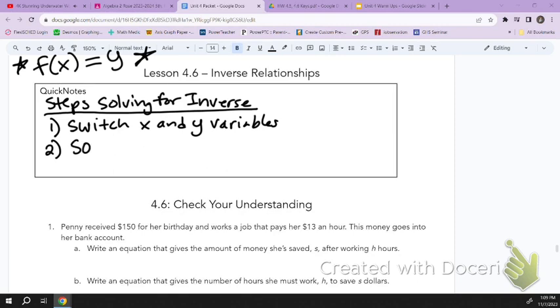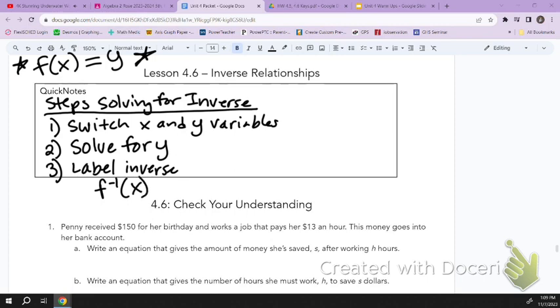Our second step is going to be to solve for y. And then label your inverse. So the way we write an inverse function is f to the negative 1 of x. That little notation is how we label an inverse.